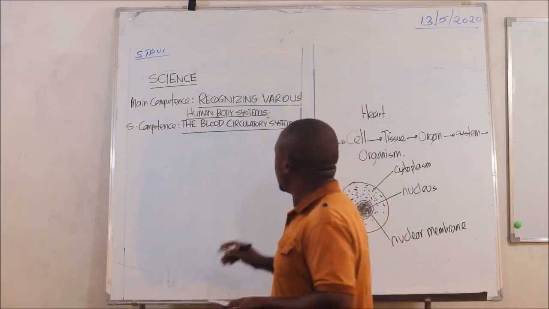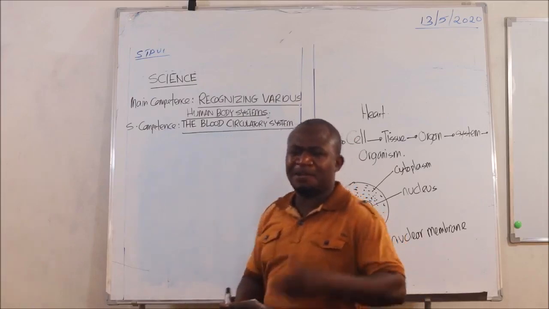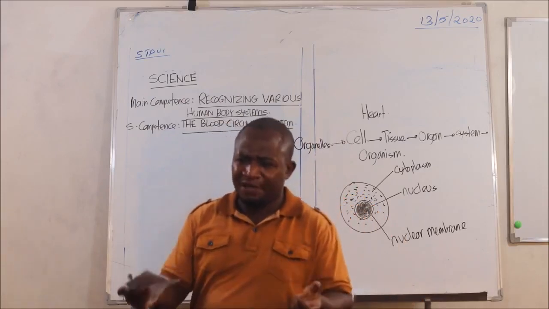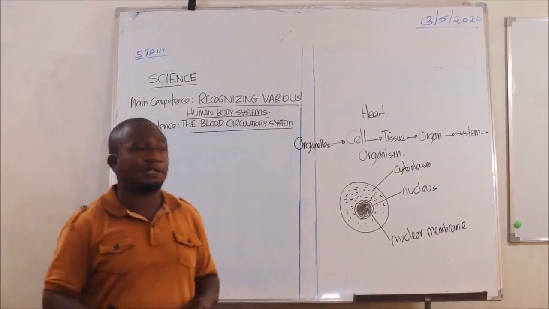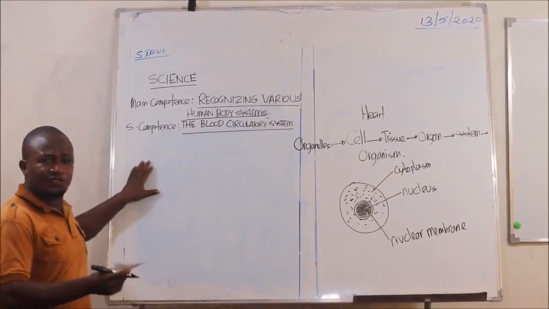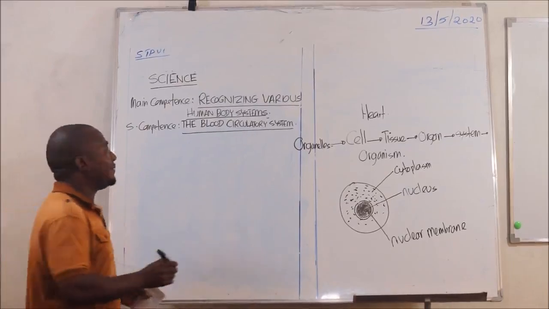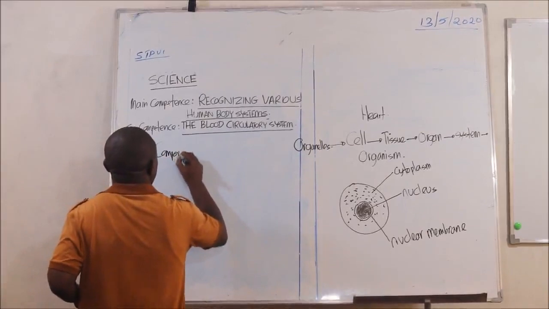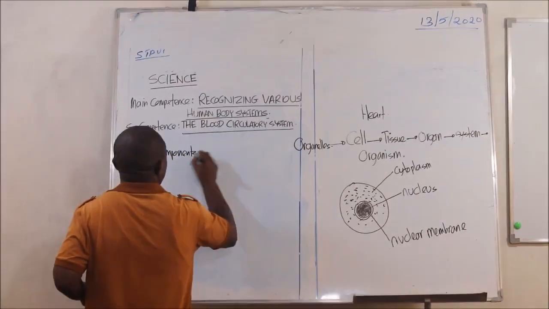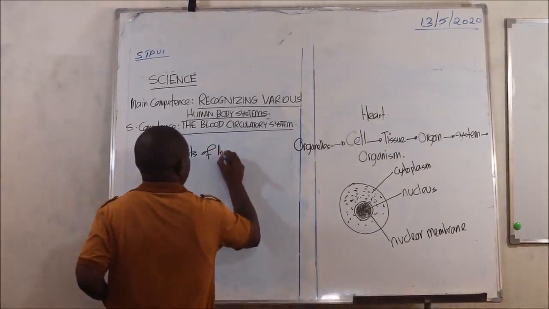Now, let me go to components of the blood circulatory system. By components, I mean what makes the blood circulatory system. The first component of the blood circulatory system is the blood itself.